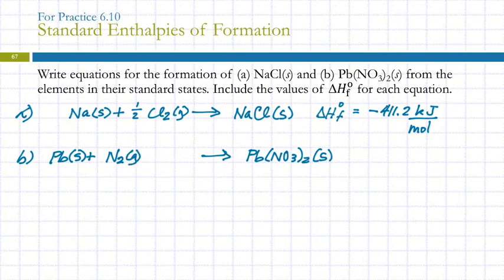I have to move this over. I didn't leave enough space. Plus, and what about oxygen? It's also a gas, and it's also diatomic. So I'm looking at the elements in their standard states. It's their most stable form. This is what I'm making out of them, and now I need to balance the equation without putting a coefficient over here.